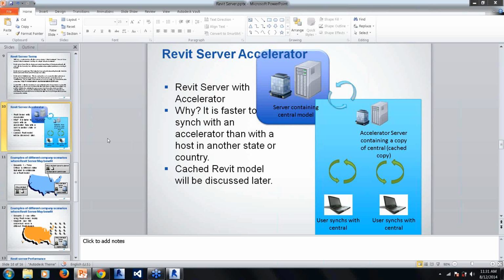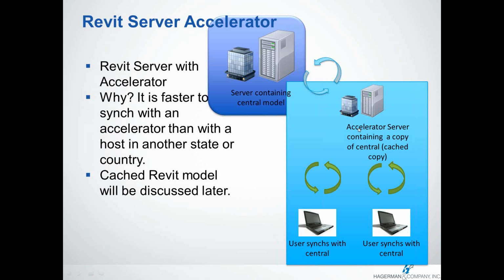So let's talk about the Revit Server Accelerator a little bit and how that works. The accelerator always lives in a local office. If you look here, I have this blue box shape, sort of cube, and the dark blue one is the central model, and that's the host.